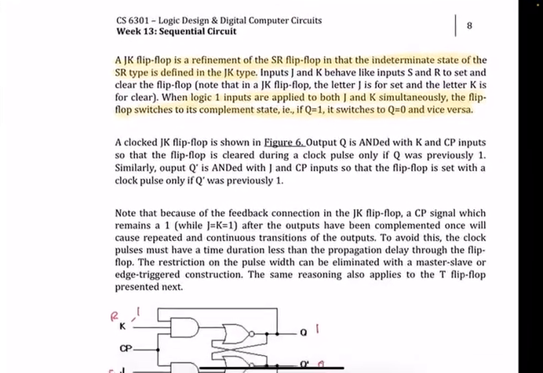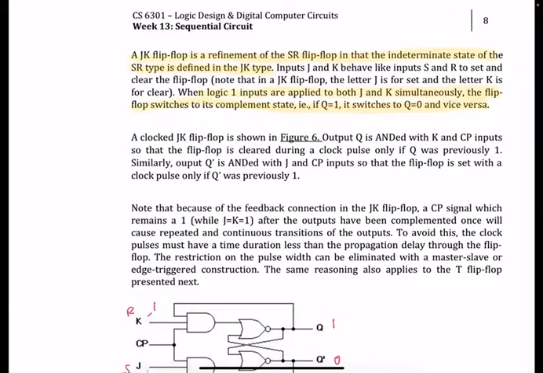Next we have the JK flip-flop. It is a refinement of the SR flip-flop in that indeterminate state of the SR is defined in the JK type. Okay? So when the logic inputs are applied to both J and K simultaneously, the flip-flop switches to its complement state. Q1, it switches to Q0, and vice versa.